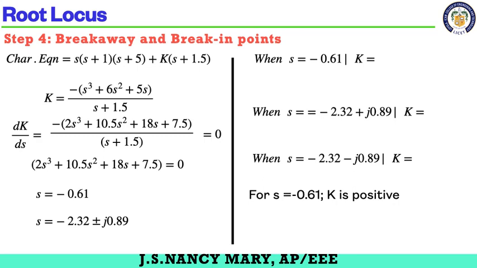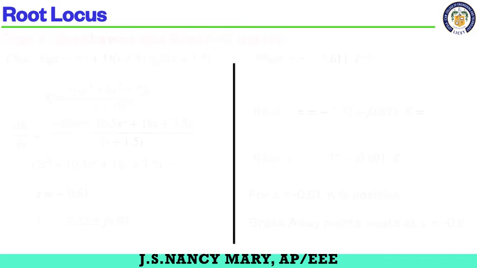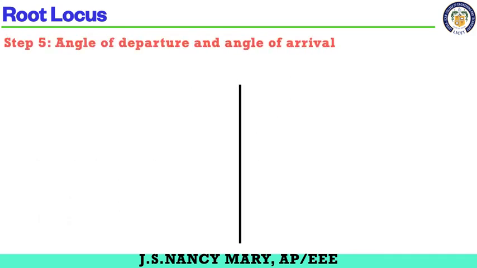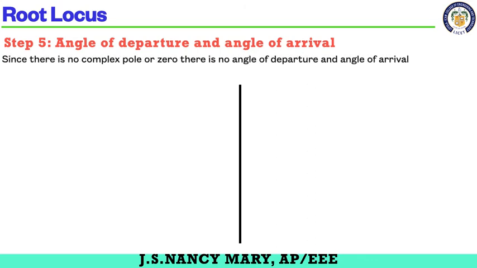So you will be getting K is equal to 1.17 for that value, and the other two values will give a negative value. So I am taking s is equal to minus 0.61. Okay, now angle of departure and angle of arrival. There is no complex root, so I am not getting that. There is no angle of departure and arrival.